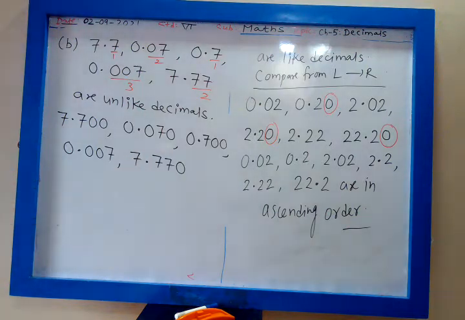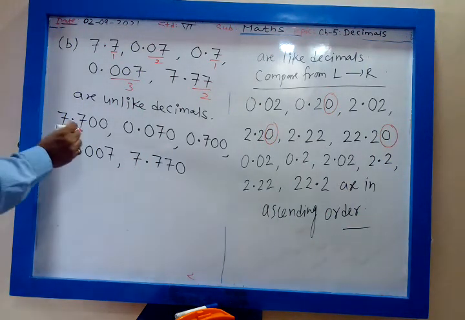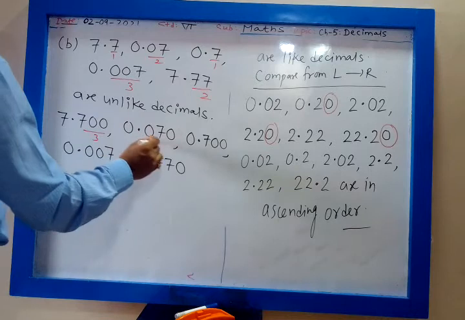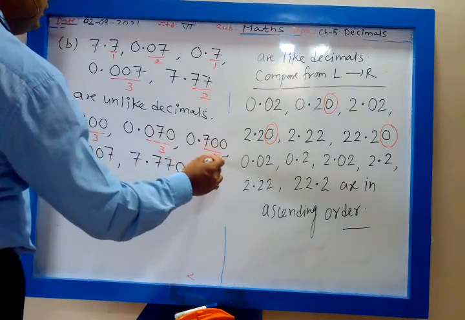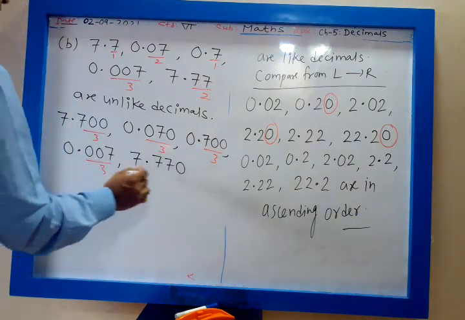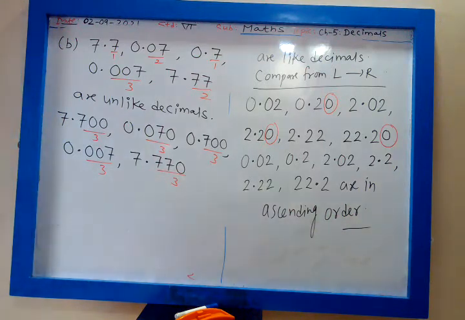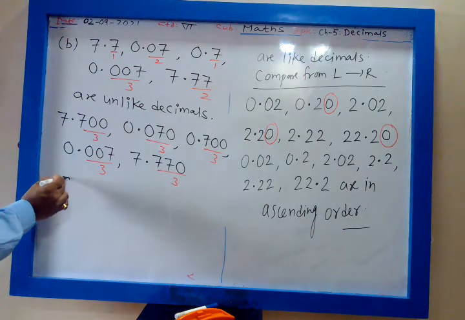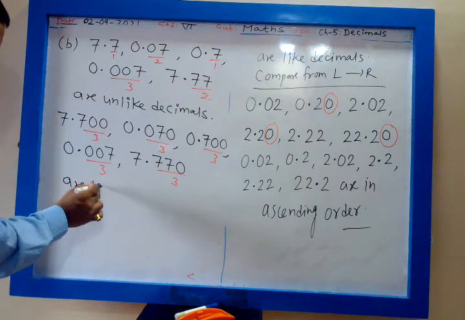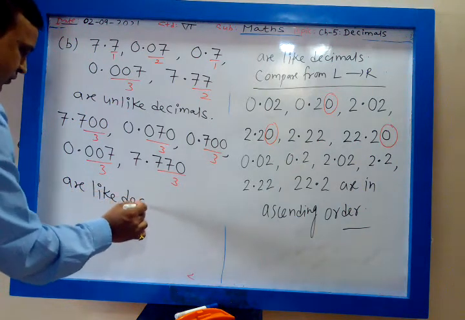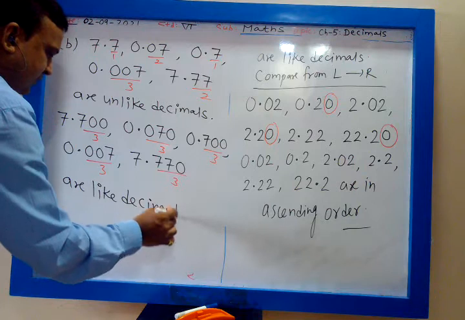Now you check whether they are like decimals. Decimal places 3, 3, 3, 3 and 3. The number of decimal places are equal, so they are like decimals.